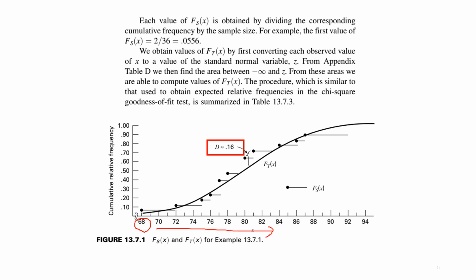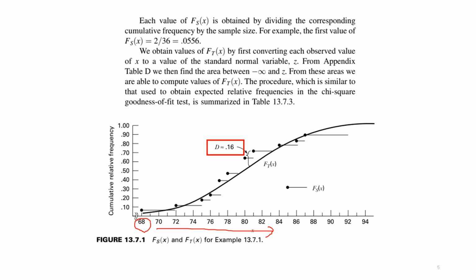These are the probabilities we calculated for the sample data series. The first category was 68, the second category was 72. Until we reach 72, the same probability continues, and when we reach 72, we have a new probability.